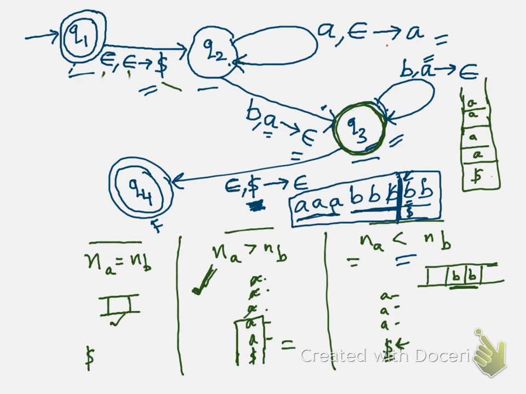I should have a transition. But when the input is B, I do not have any transition from Q4, and as we said earlier, if I do not have a transition for a particular input symbol from a state, it means that you are moving to the dead state. So on this B here, I'll move to the dead state.